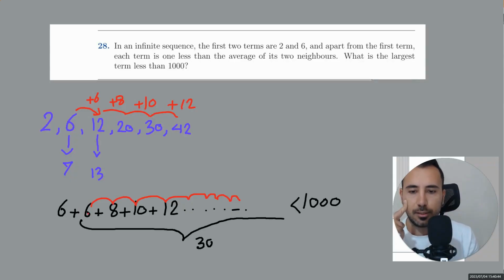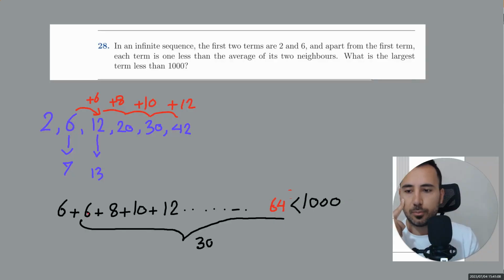Each one multiplied by 2. So the last number will be 6 plus 29 times 2, 58, 64. So the last number is actually 64. This is my guess.